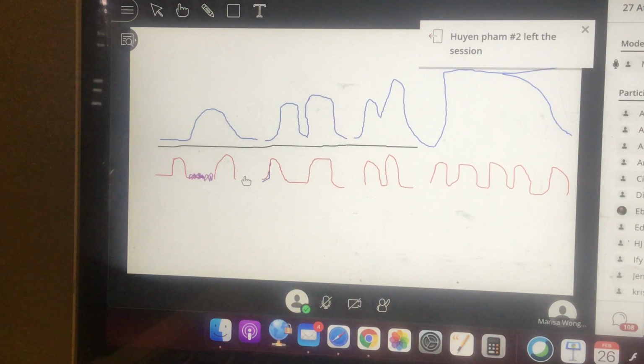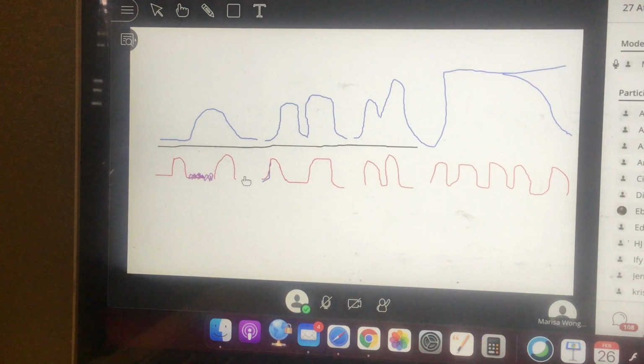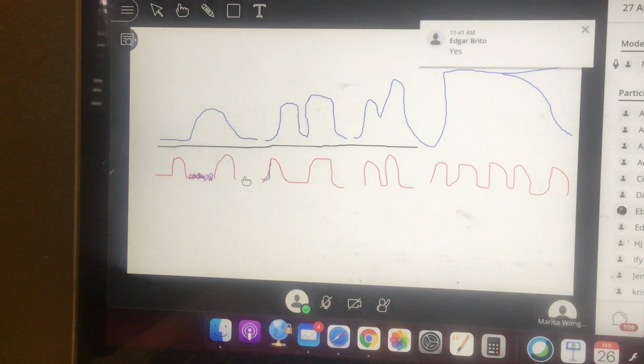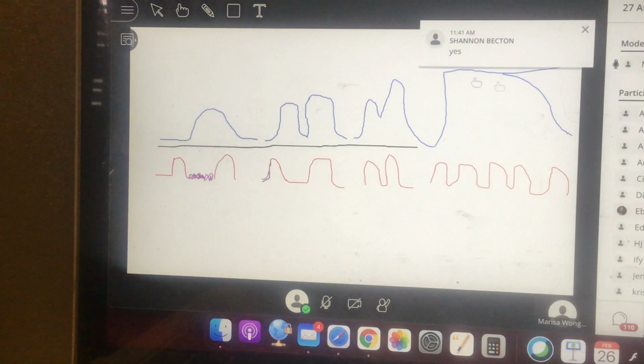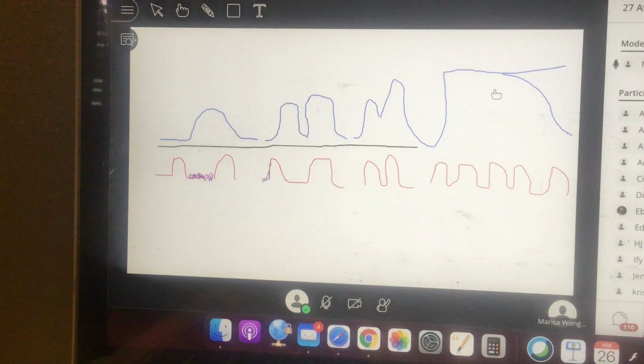Does that make sense? Okay. In skeletal muscle, you don't really have a refractory period, and that's why you can have a continuous contraction at the muscle cell.